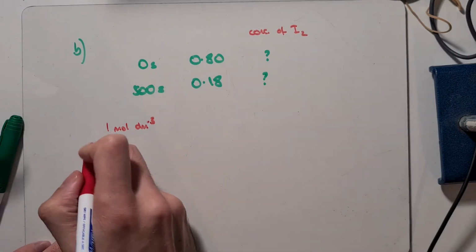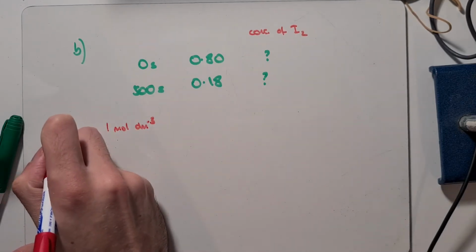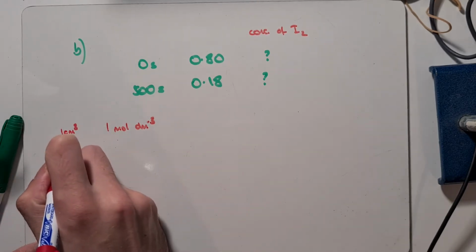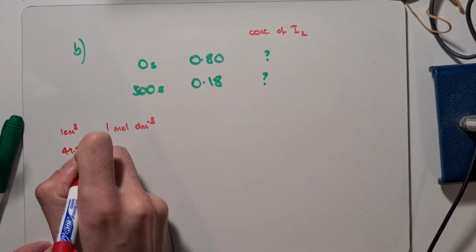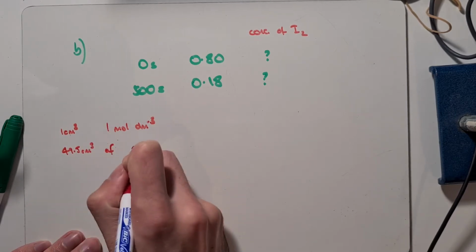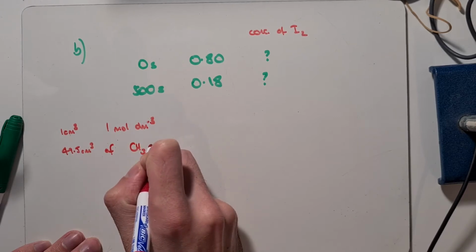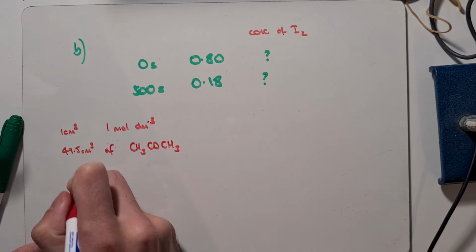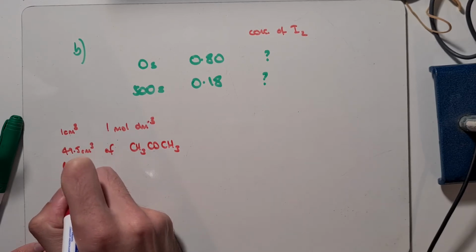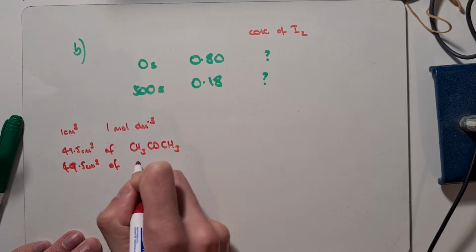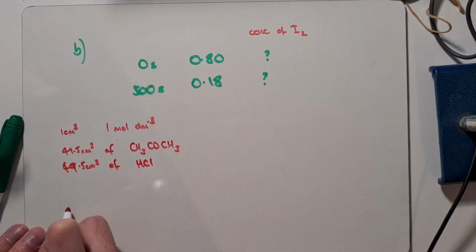There's 1 centimetre cubed of this, but we've also got 49.5 centimetres cubed of the propanone, and 49.5 centimetres cubed of hydrochloric acid. So that's a total of 100 centimetres cubed.